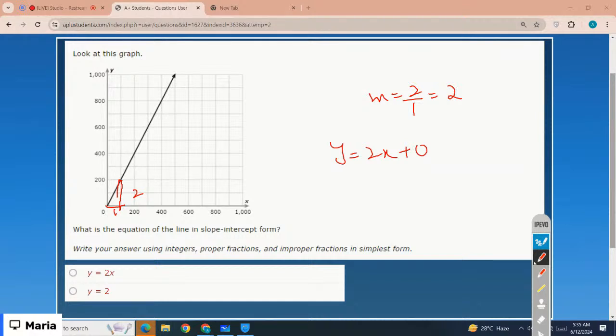So basically when you have to write down the equation from the graph, you need two things: the slope and the y-intercept, right? The y-intercept is the point where the graph is touching the y-axis.